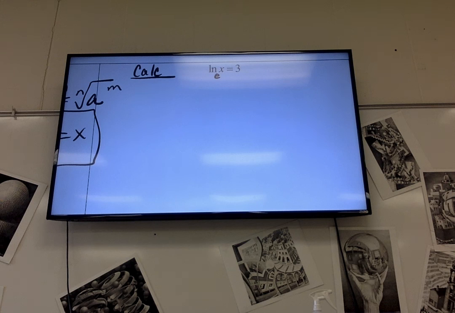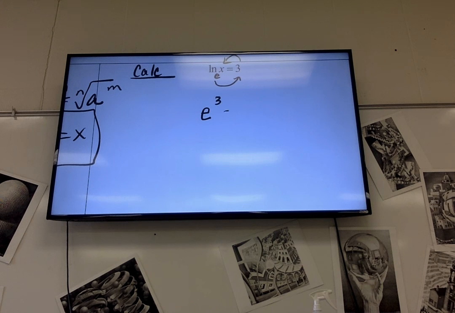And we are, according to the directions, supposed to rewrite the equation as an exponential equation. So I'm going to use the circle method. So even though that e wasn't there, because it's ln, I know it's an understood e. So it's e to the what?